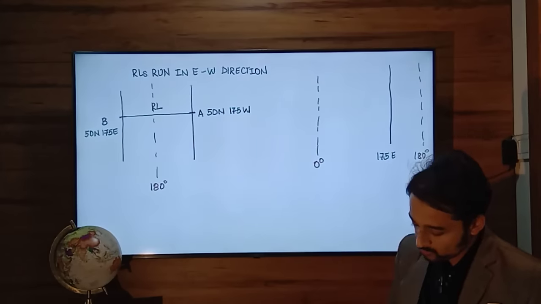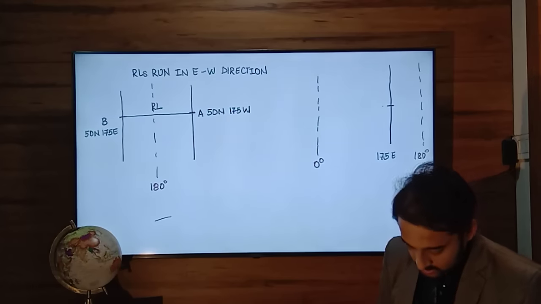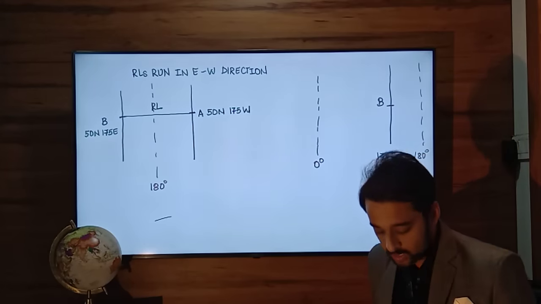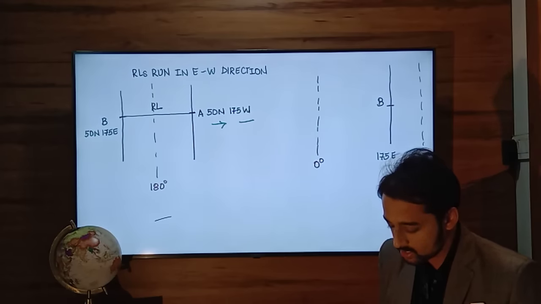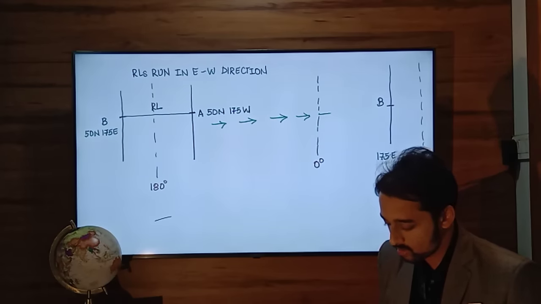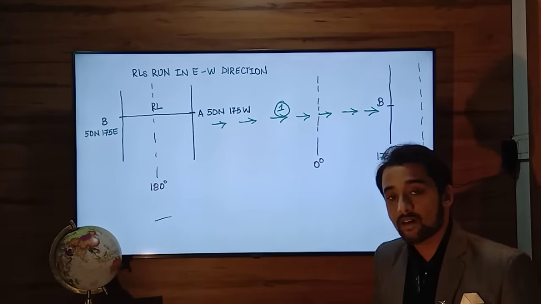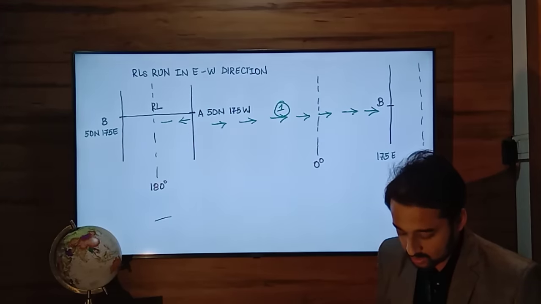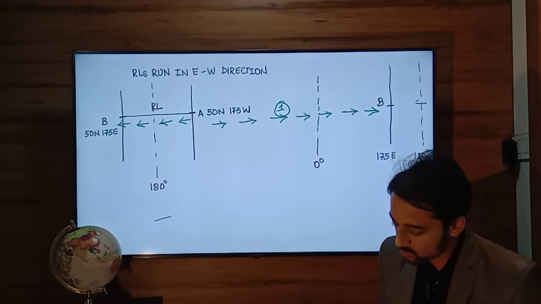Now if I want to go from A to B, okay, in the question we are flying from A to B, I can either go following easterly direction, or the second option available to me is to fly westerly direction and enter from here.